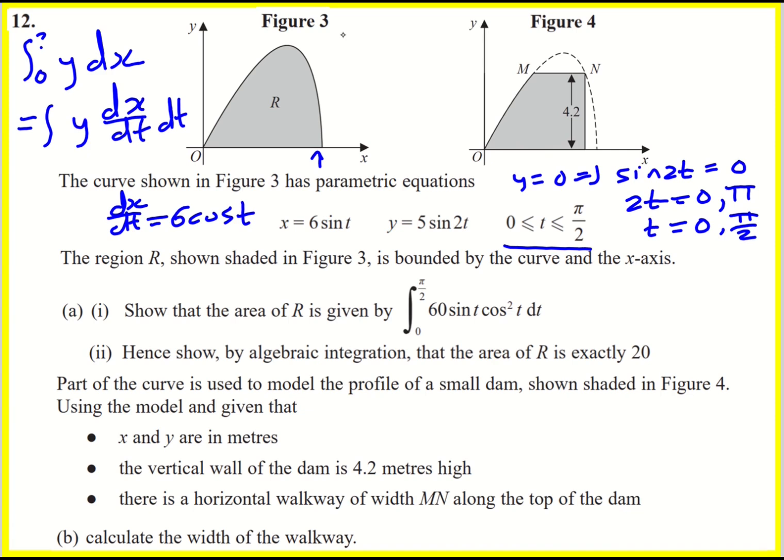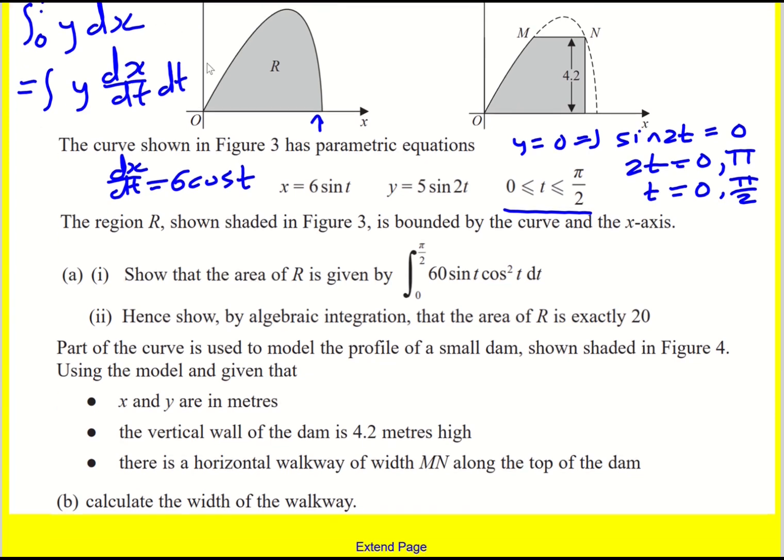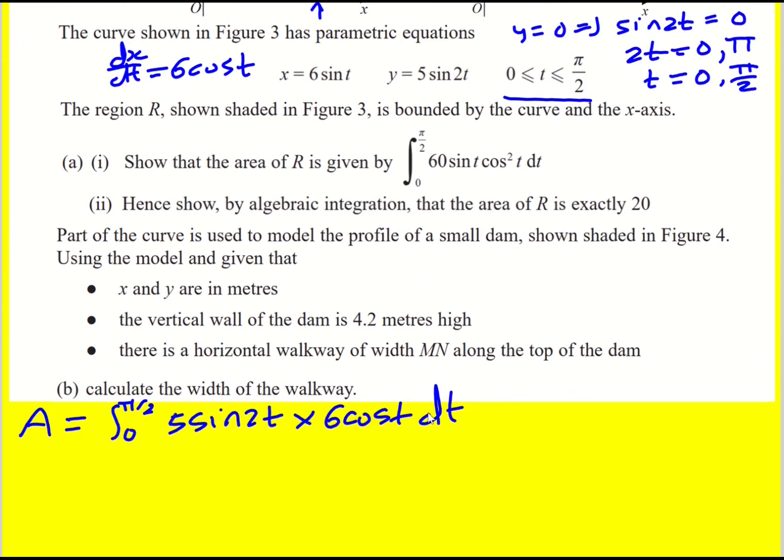So now I can say the area is going to be the integral from 0 to pi over 2 of 5 sine 2t multiplied by 6 cos t dt. And we're just trying to write it in this form now. Sine 2t is actually 2 sine t cos t. If you're not familiar with that, here's our double angle formula. We can let b equal a.